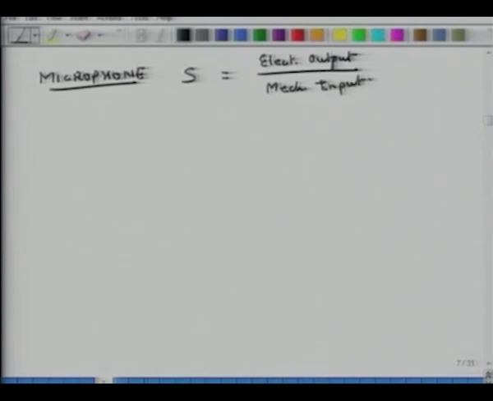There's a term called microphone sensitivity level, LS, and that is defined by 10 times logarithm in base 10 of (E out over P) divided by E ref.